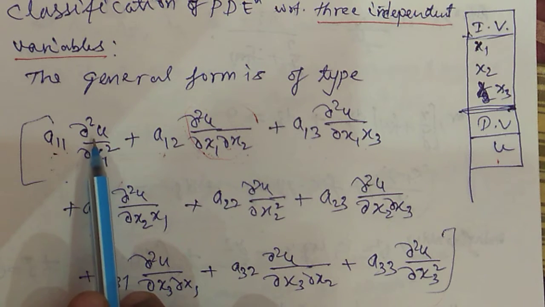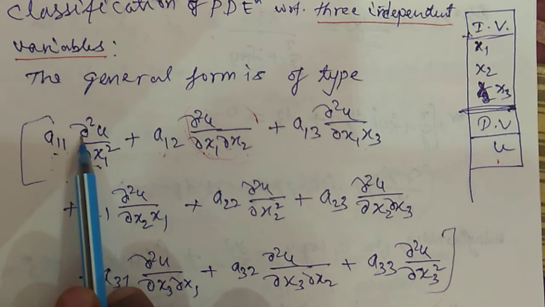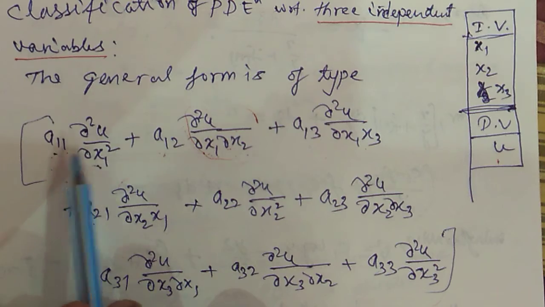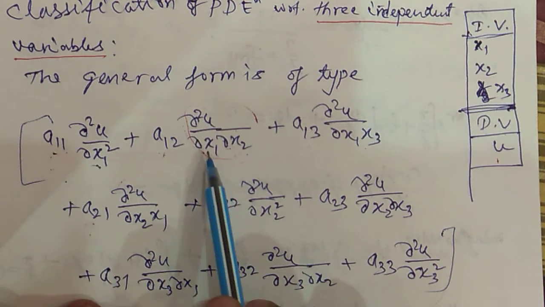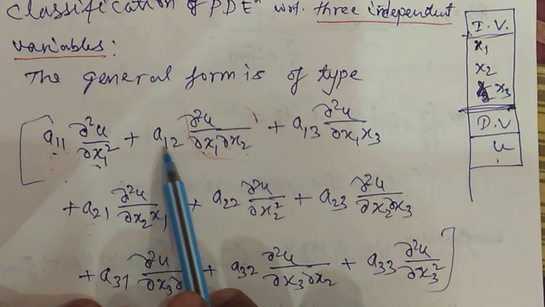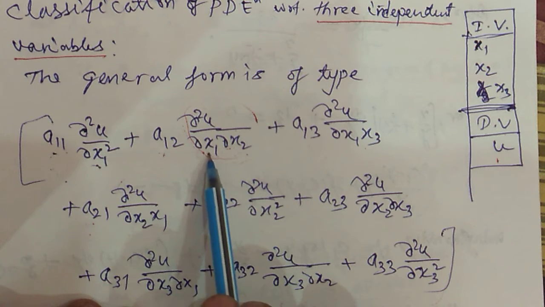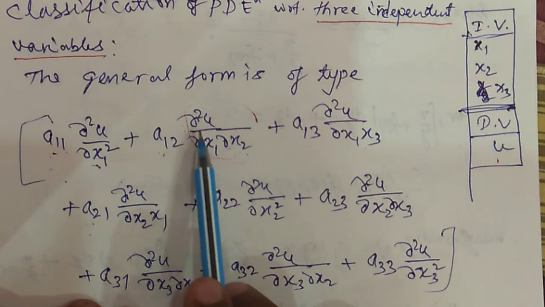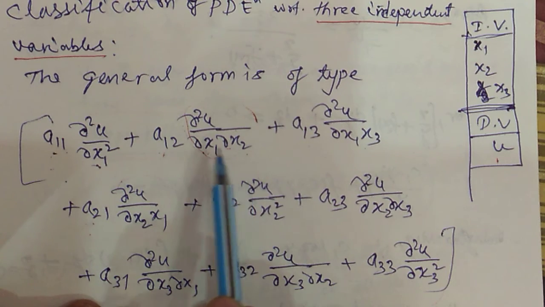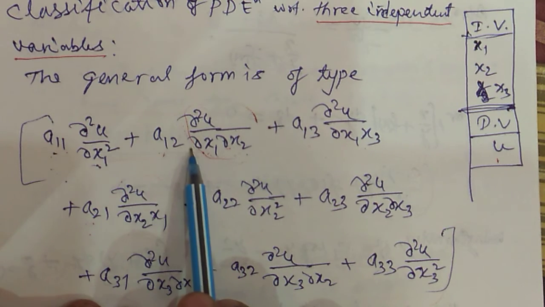So the second order derivative with respect to x1 is del 2u over del x1 square and its coefficient is a11. Similarly del 2u with respect to del x1 del x2, so its coefficient is a12. This is the second order derivative with respect to x1 and x2, so its coefficient is a12.